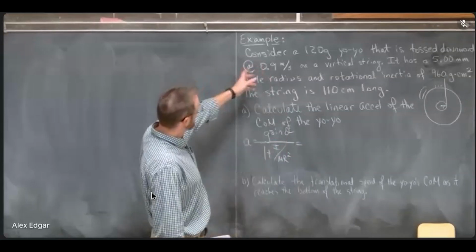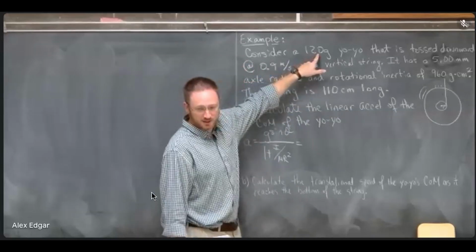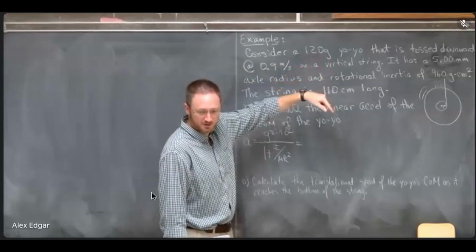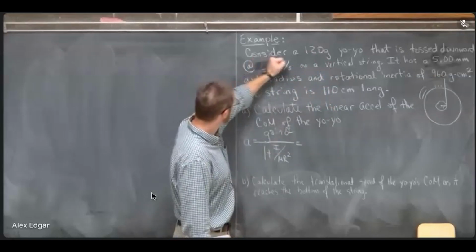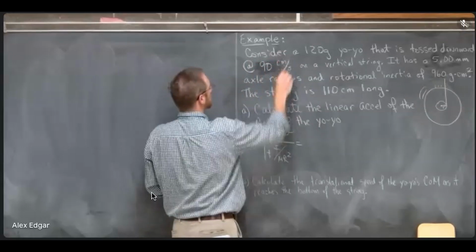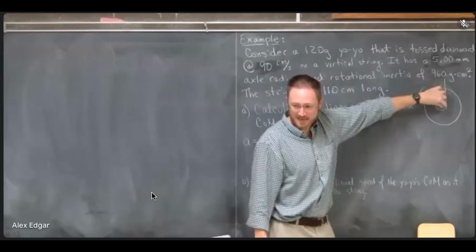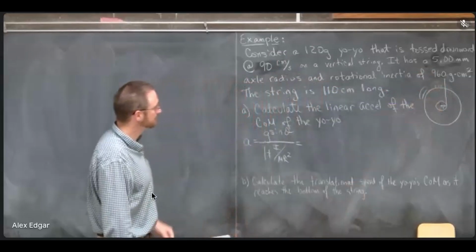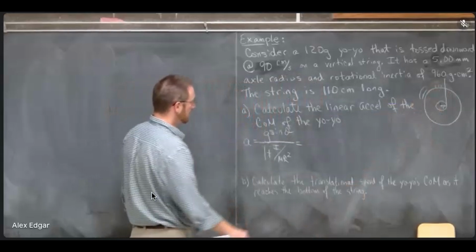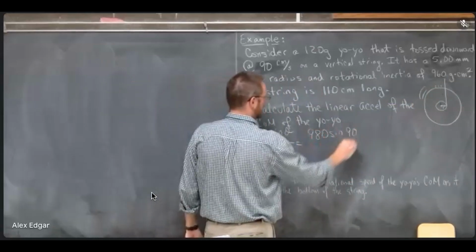Since I've given things in a mishmash of units, let's stick with grams and centimeters. That way this guy will be 90 centimeters per second, and this axle here is going to be 1/2 centimeter. That means the gravity we're going to be running with is 980.